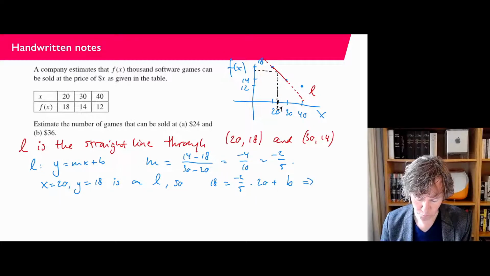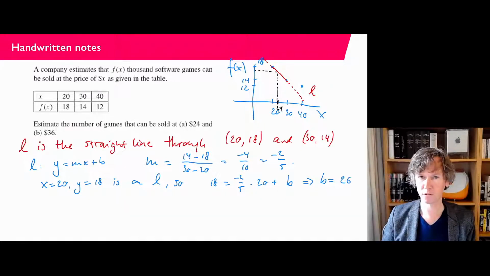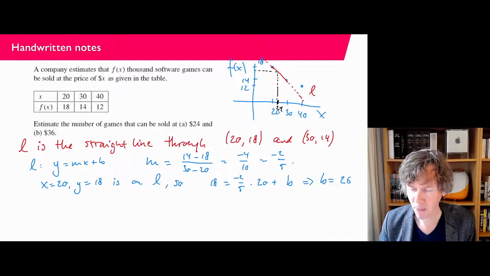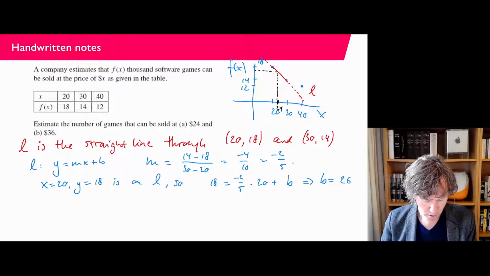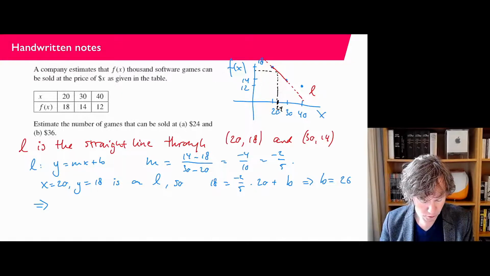And then if you solve for b, you find that it equals 26. I did that on a piece of scrap paper before, otherwise I couldn't do that so fast. So apparently, the red line, the straight line, has equation y equals minus 2 over 5 times x plus 26.